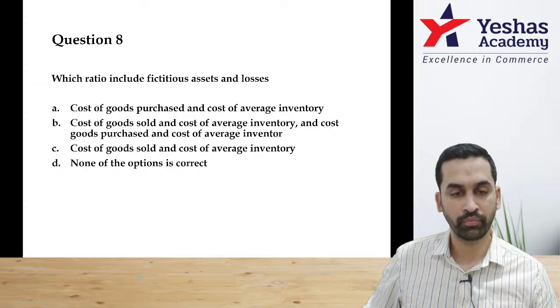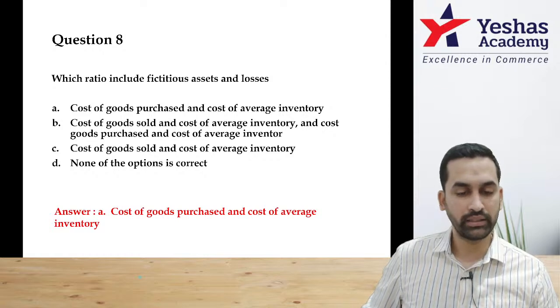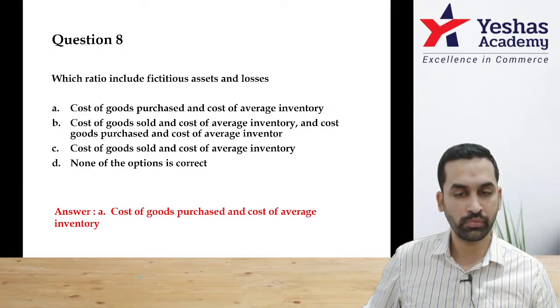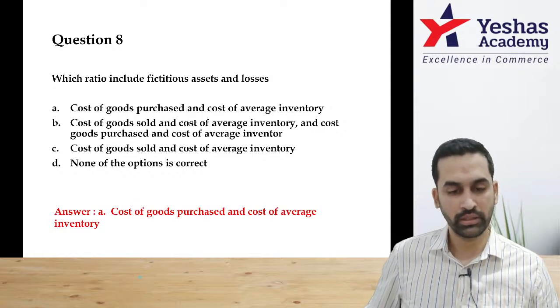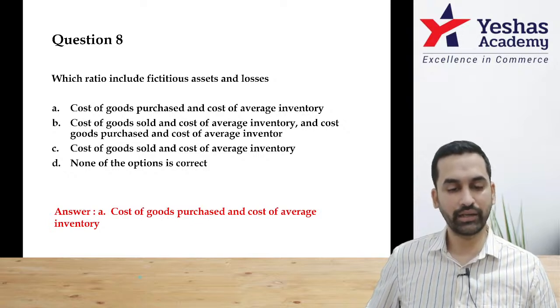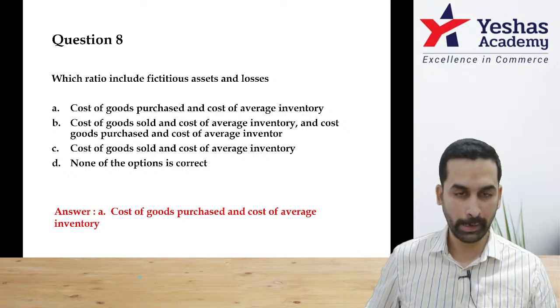I think the answer given here is cost of goods purchased and cost of average inventory.